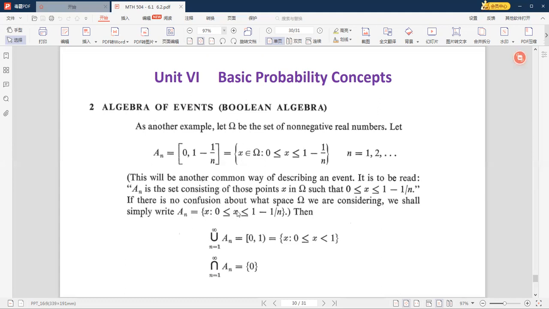So you don't have to write x in omega specifically. If you write just x from 0 to 1 minus 1 over n without omega, then everybody understands what it is. So we can simplify the notation for the set a little bit.